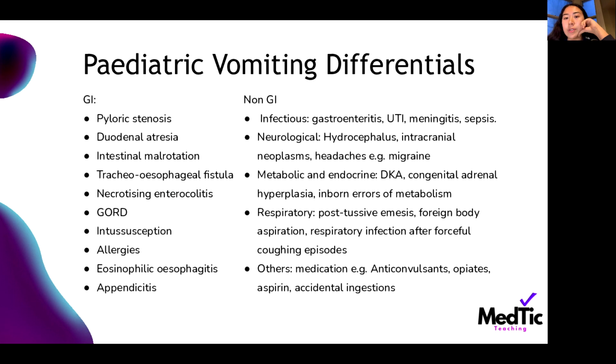I think it's a really, really important presentation in paediatrics to get to know how to differentiate and to get right in your exams, because it's very examinable, very important also in real life as well. So yeah, this is just to give you a picture of what could be going on, to keep your differentials broad, but obviously depending on the child in front of you, you can narrow things down a bit more easily.